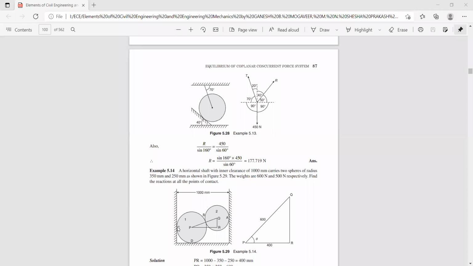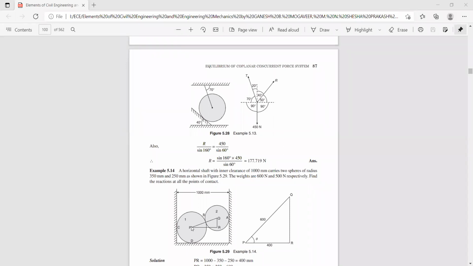So if you take 600 from 1000 millimeters, the distance between P and Q, this PQ is 400 millimeters, because this is 350 and this is 250. So 1000 minus 600, PQ is equal to 400 millimeters. Now you join the centers of these two spheres.